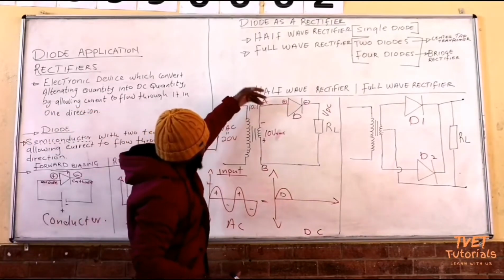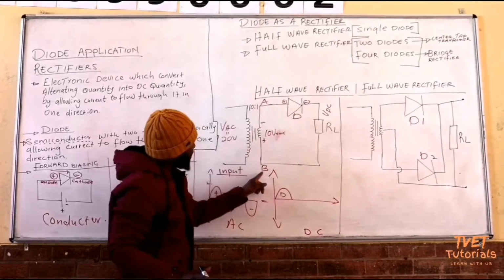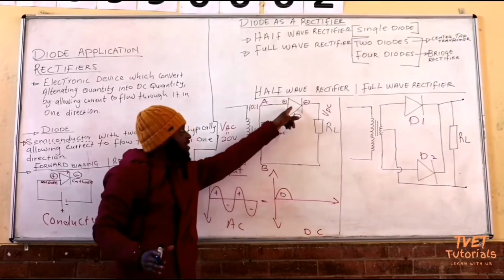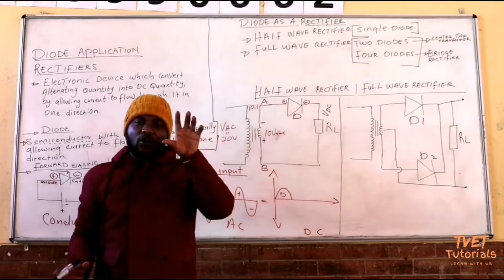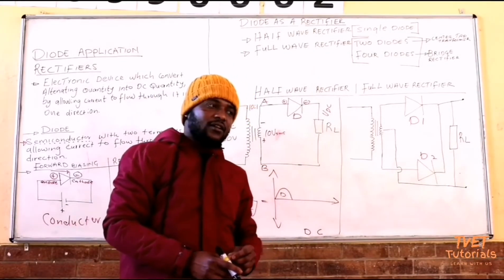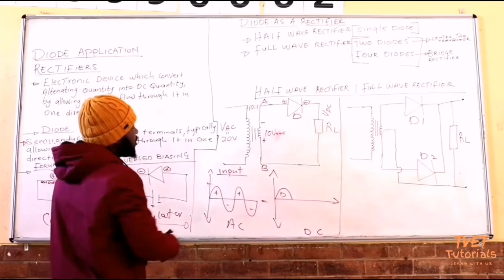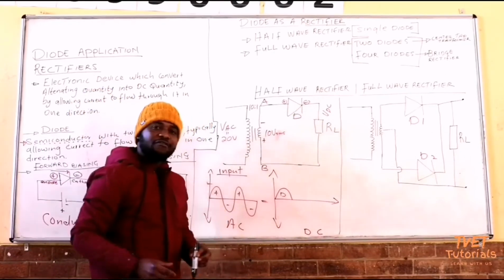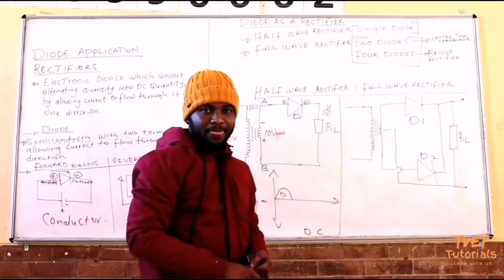So during the negative half cycle, where A is negative and B is positive, this diode operates as an insulator. So it will then block the flow of current.